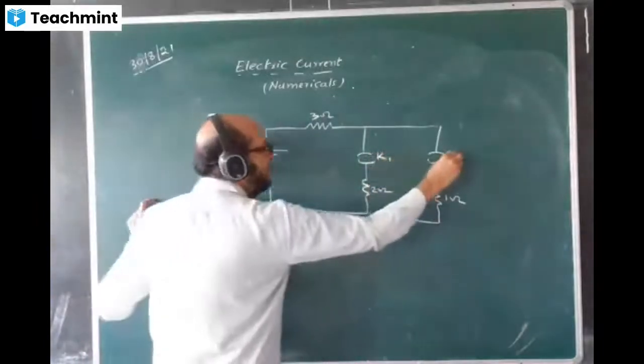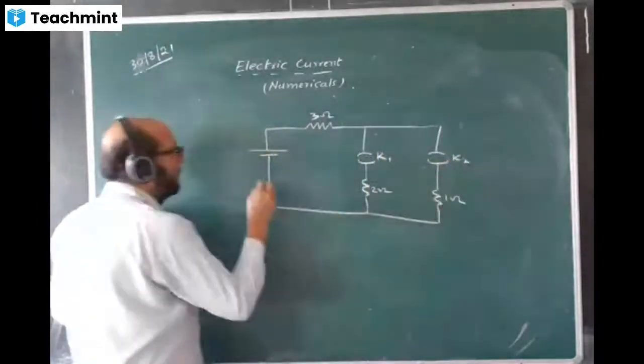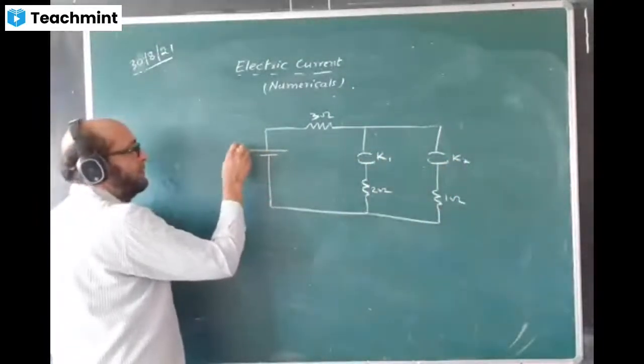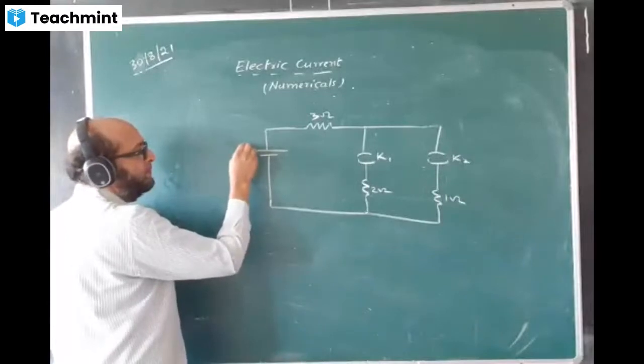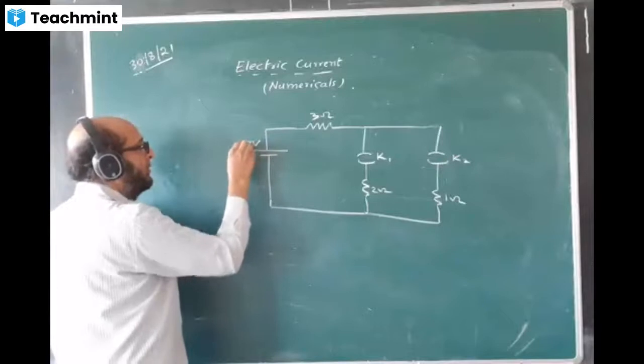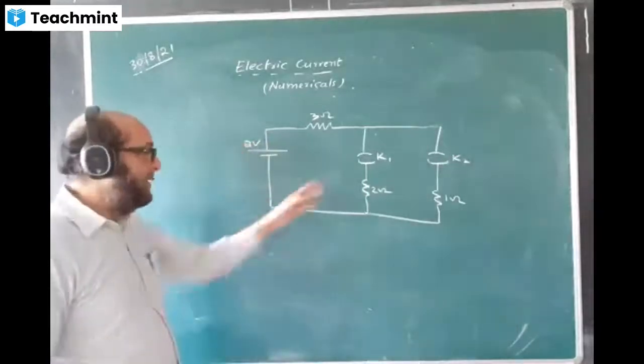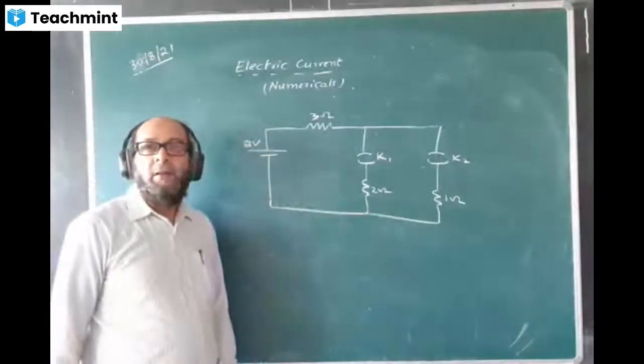This is K1, this is K2. And out here you write 8 volt. This is given 8 volt. Here is the diagram given.